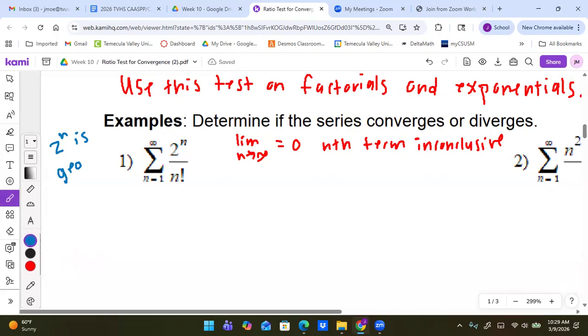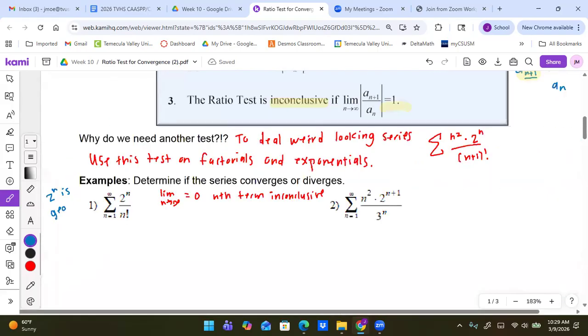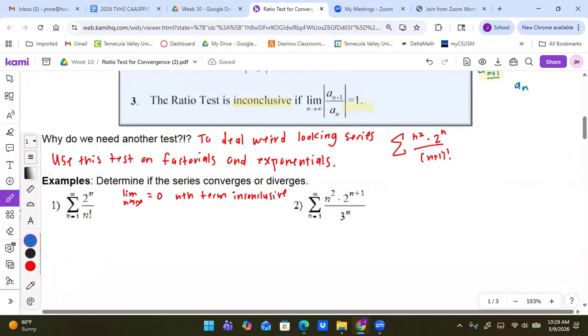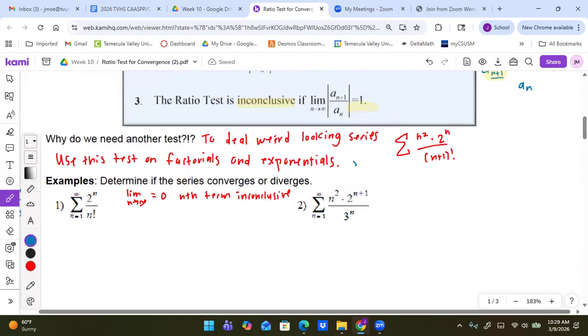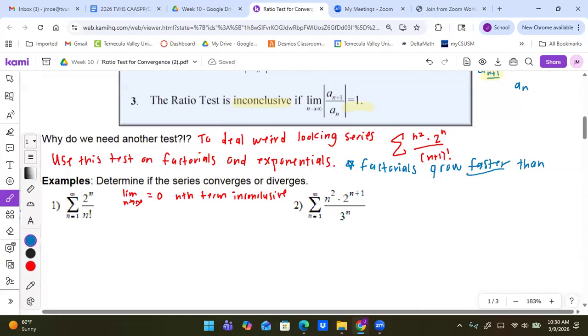Wait, we should write somewhere that factorials grow faster than exponentials. Yeah, because we're going to be doing limits of factorials too. Wherever you have room. Factorials grow faster than exponentials.